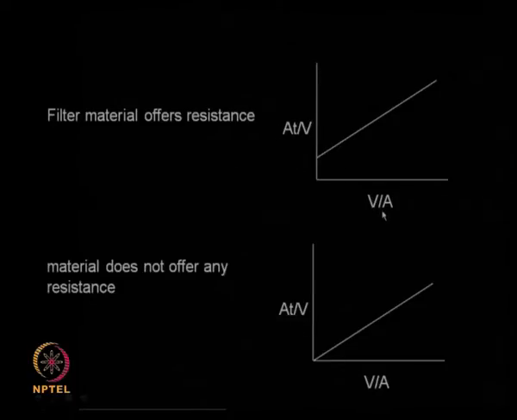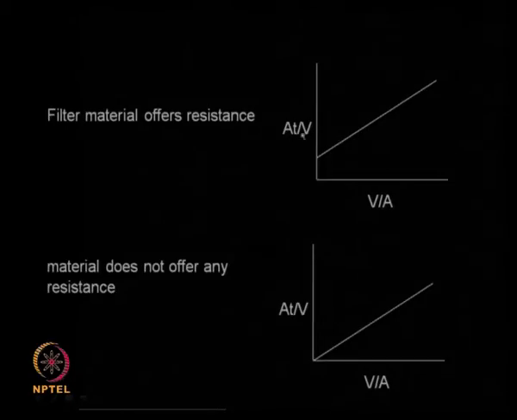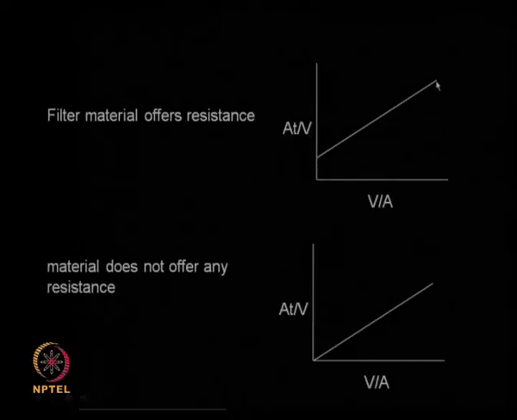I take different amounts of slurry, I filter them at a constant delta P, calculate how long it takes to filter the different amounts of slurry, and then plot a graph of AT by V versus V by A. Then I see whether the straight line passes through the origin or not. If it passes through the origin, the filter cloth does not offer any resistance, whereas if it does not, I will know the filter cloth offers some resistance.